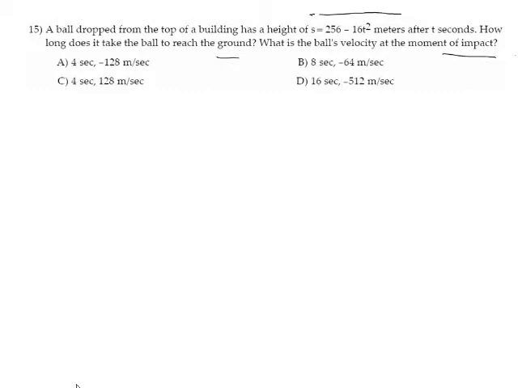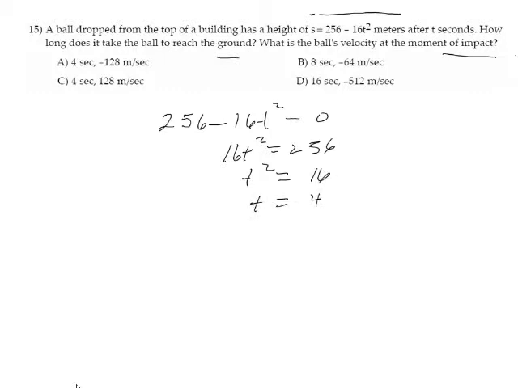Well, it'll hit the ground when the distance is 0. So that's 256 minus 16t squared equals 0, or 16t squared equals 256. t squared is equal to 16, and t equals plus 4.